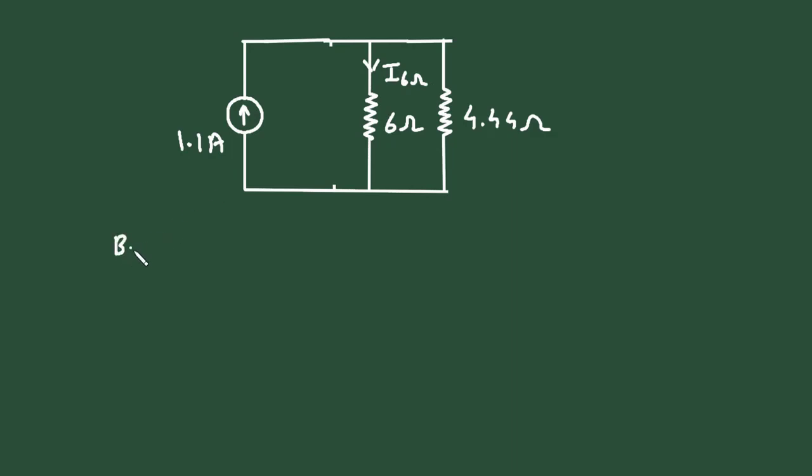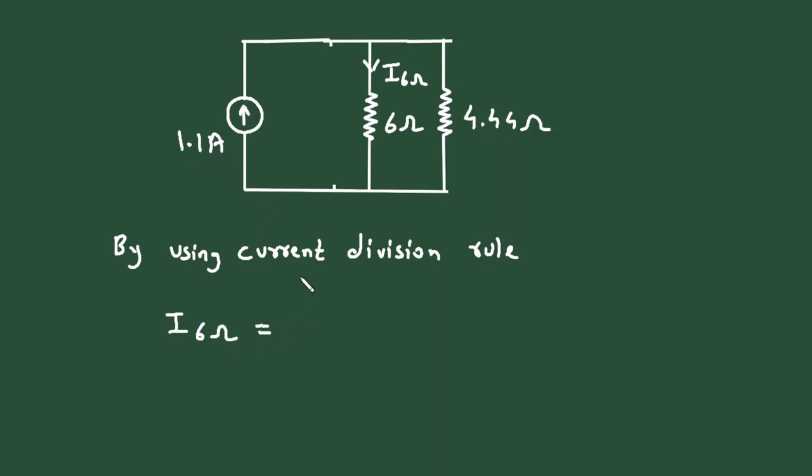So by using the current division rule, I 6 ohm is equal to this current, that is 1.1 ampere, multiplied by the opposite branch resistance, that is 4.44, divided by the total, that is 4.44 plus 6.